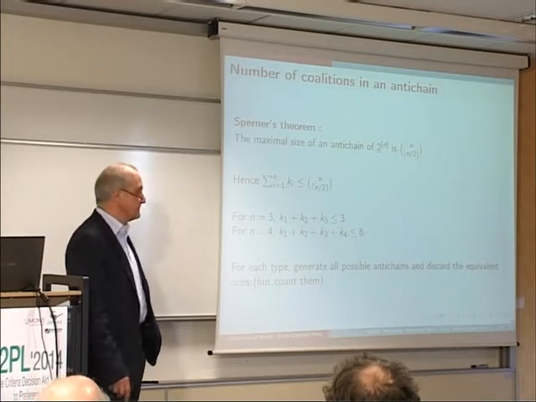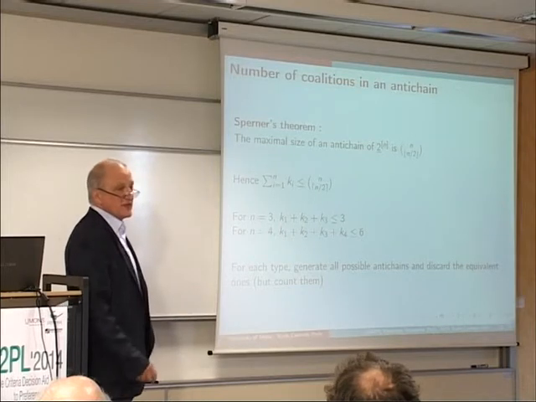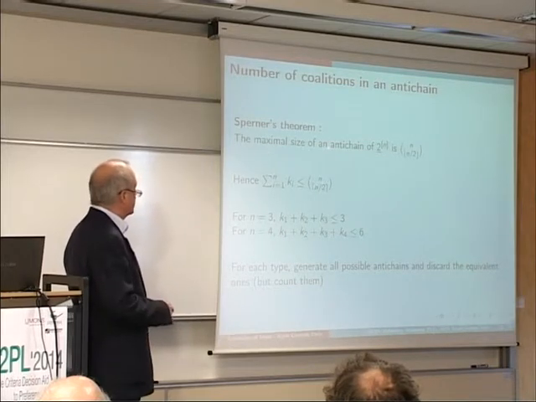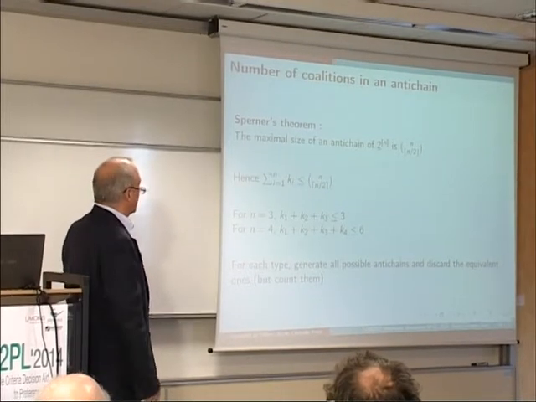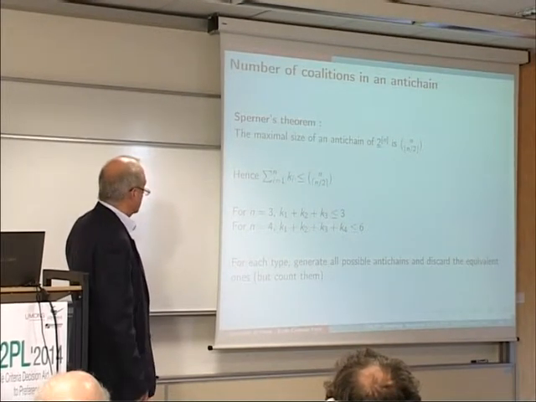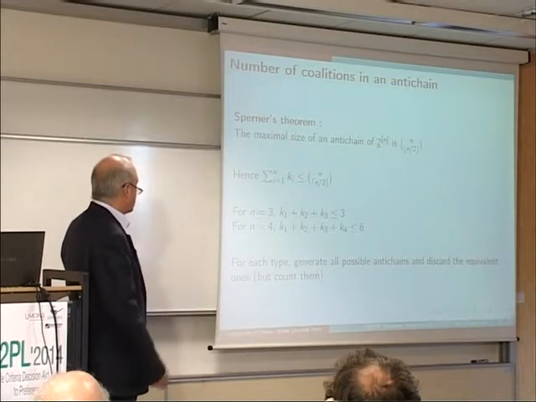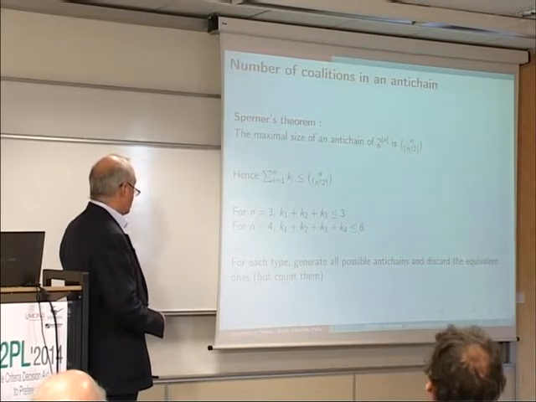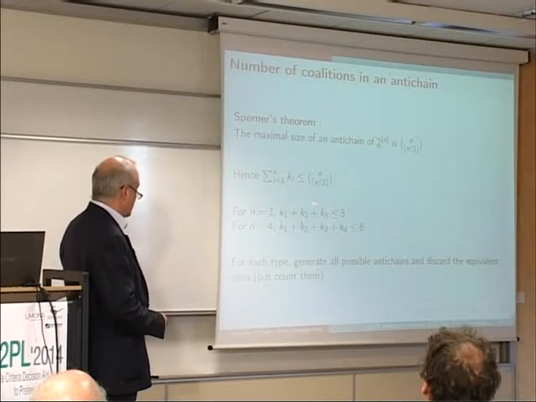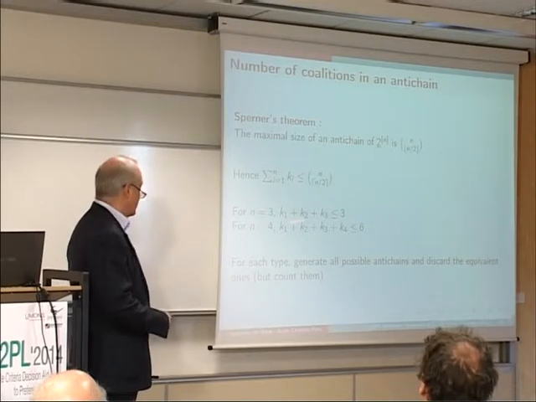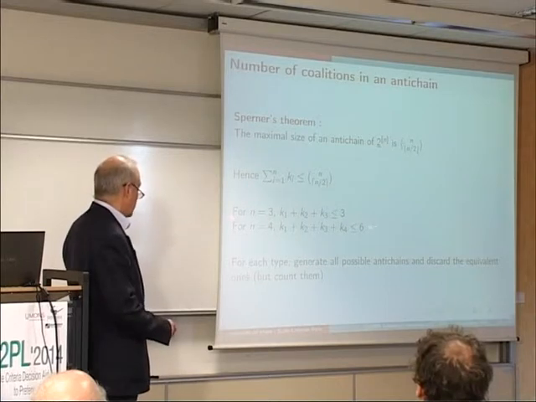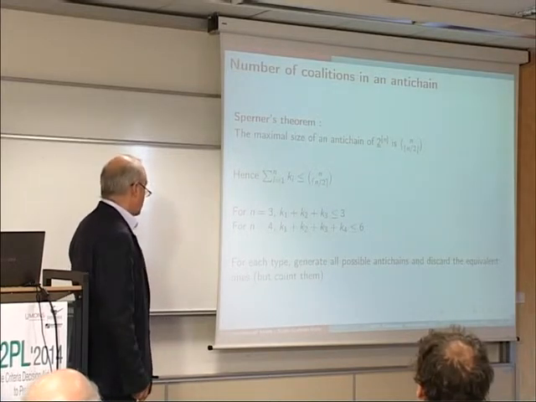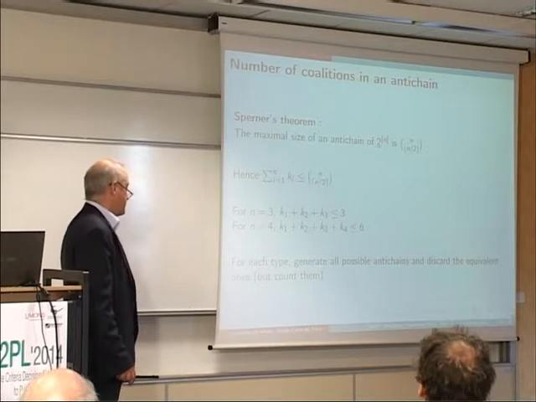types are possible. One restriction is, for instance, the fact that the maximal size of an anti-chain, the maximum number of minimal coalitions, is the Sperner number, which is this. And so for n equal to 3, the sum of the entries in the type is less than or equal to 3, and for n equal to 4, it's less than or equal to 6.